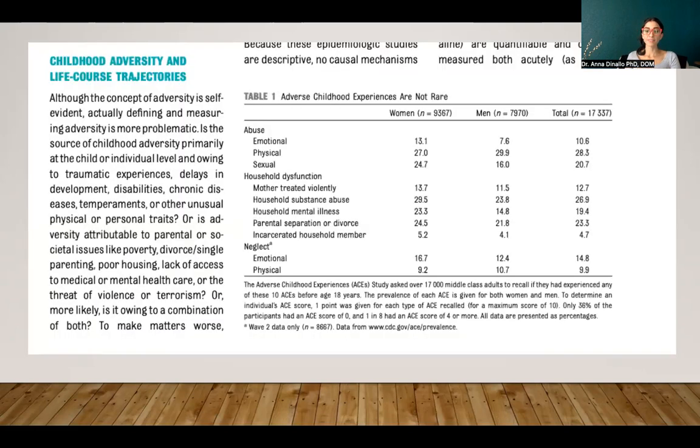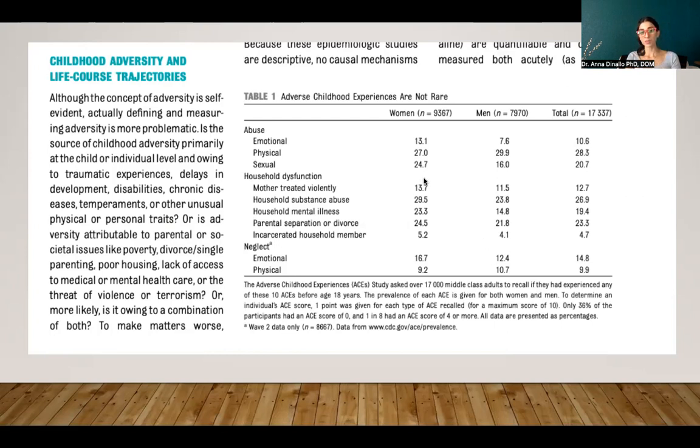This is one of my favorite studies looking at adverse childhood experiences, where they asked just under 20,000 people in the US, so a really nice sample size here, how their life was before the age of 18 related to physical abuse, emotional, sexual, and also household function and or dysfunction and neglect. And what you see is that these numbers are really high.